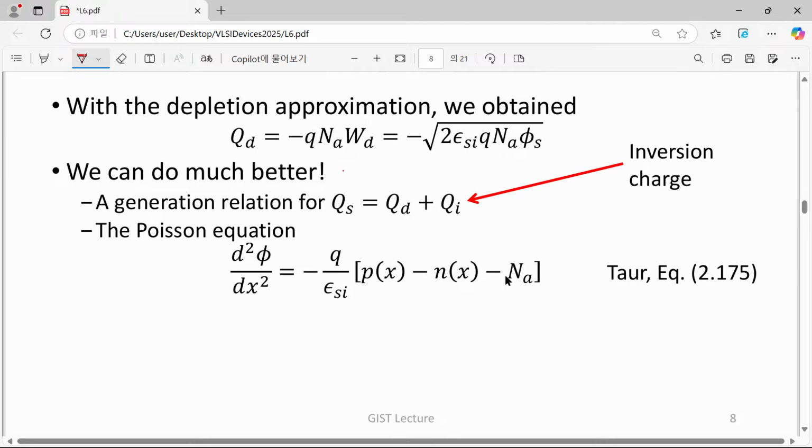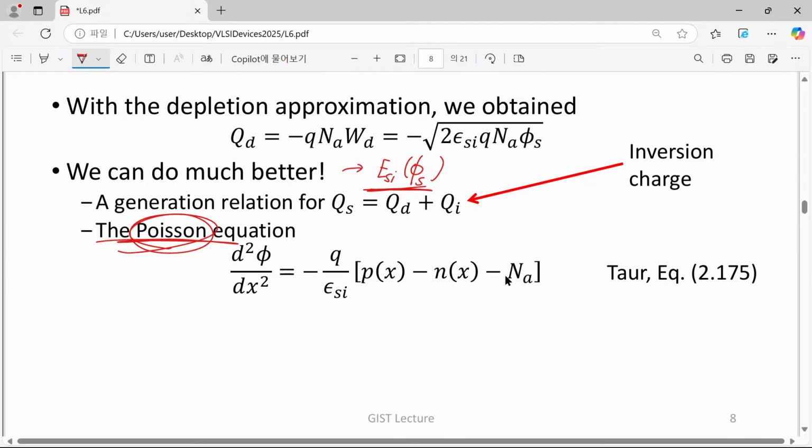Please note once again that our goal is to derive the expression between the silicon electric field measured at the surface and the surface potential. We wanted to derive this quantity. And since this is related to the electric field, the starting point should be the Poisson equation. I hope that all of you have already seen this Poisson equation in your electromagnetics course, especially in the electrostatics part, but I will just repeat it once again.